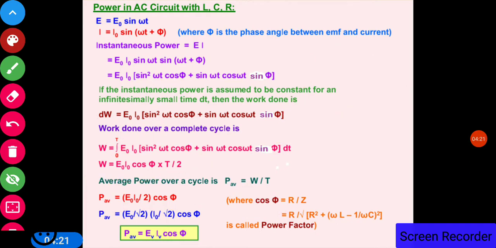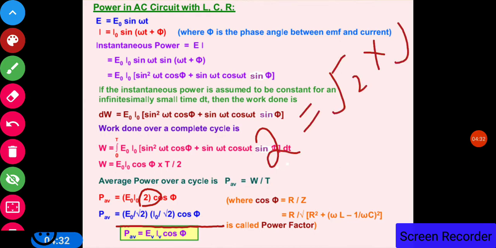So P average, in place of 2, we can write root 2 into root 2, because 2 can be written as root 2 into root 2. So it is written as E naught upon root 2 into I naught upon root 2, and we know that E naught upon root 2 is equal to E, that is RMS value, and in place of I naught upon root 2 we can write I RMS value, and cos phi.